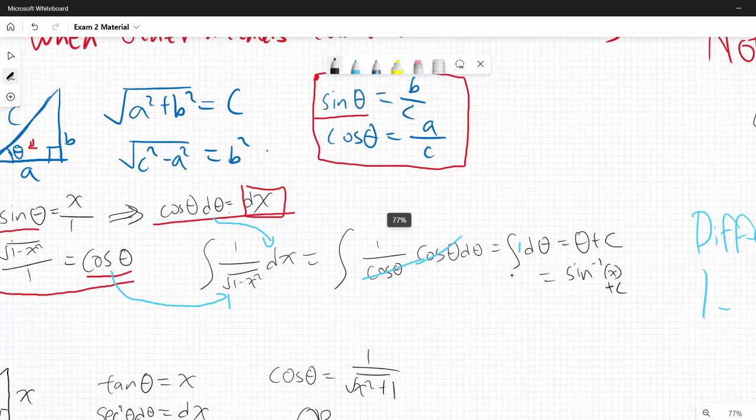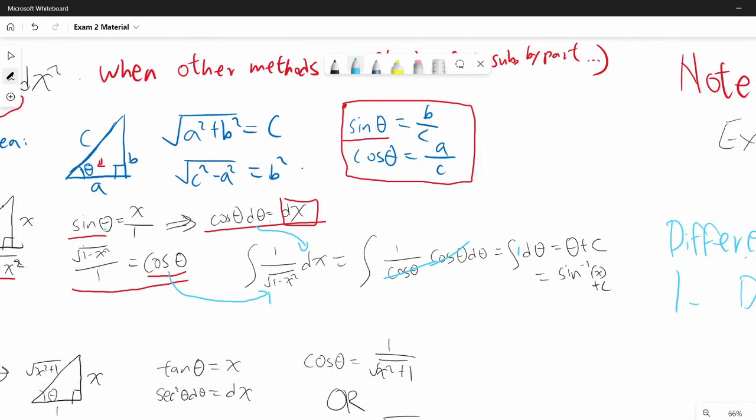Then you can plug this back in. We have sine theta equal to x, so I can take the sine inverse of this. Then theta will equal sine inverse of x, and the plus c will remain.